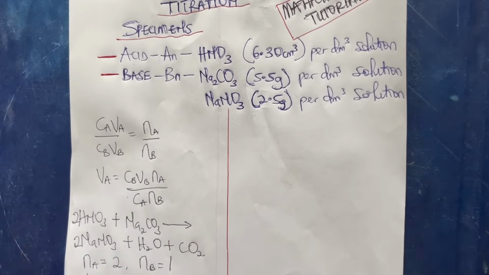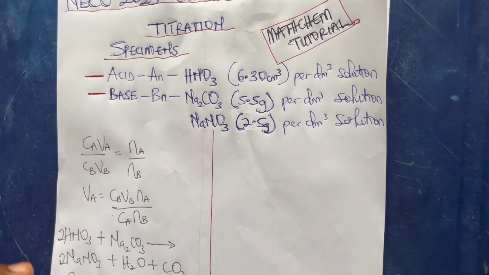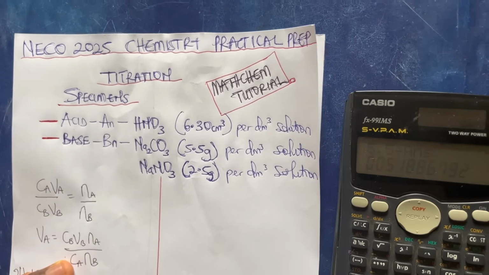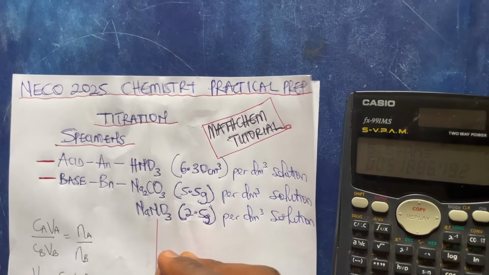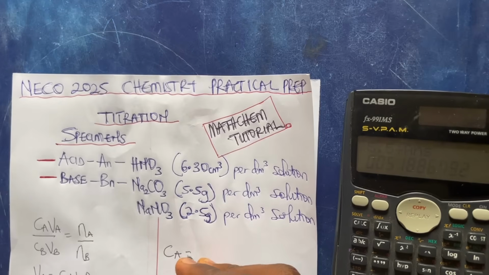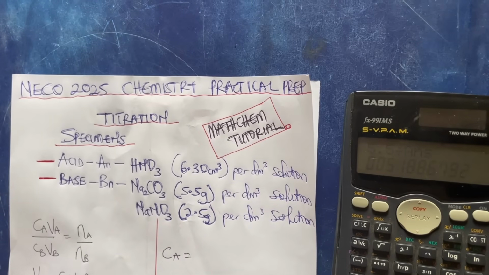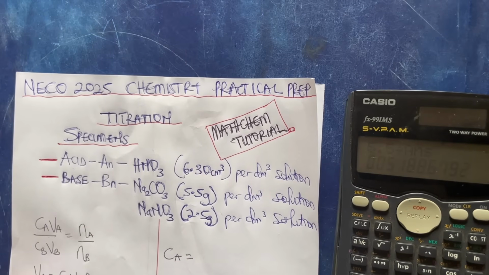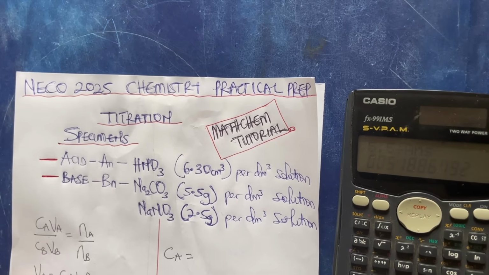Now for me to get that CA, I'll firstly get the concentration of A in mole per dm cube of the concentrated acid. You understand? I'll firstly get the CA for the concentrated acid before I now get the dilute acid.